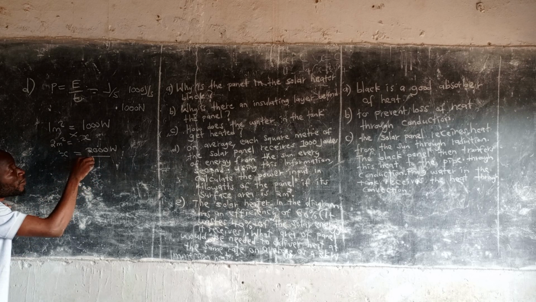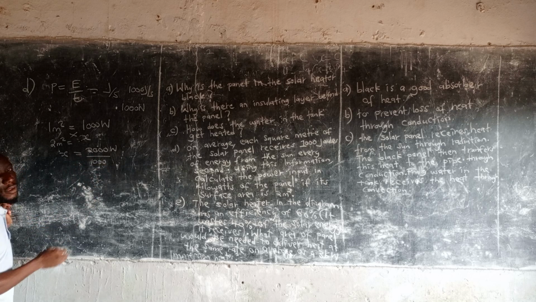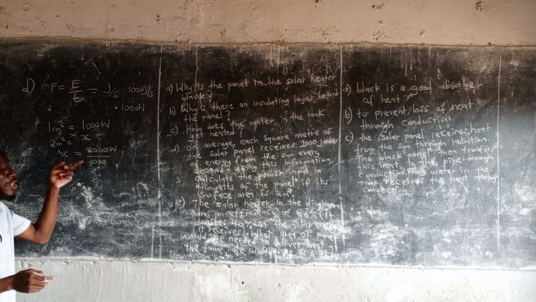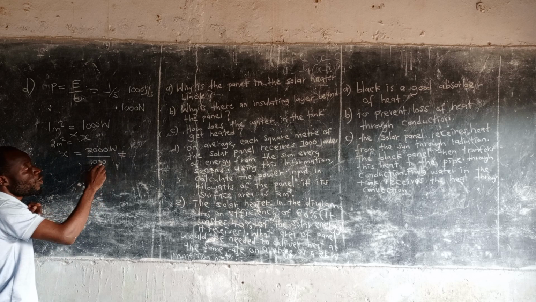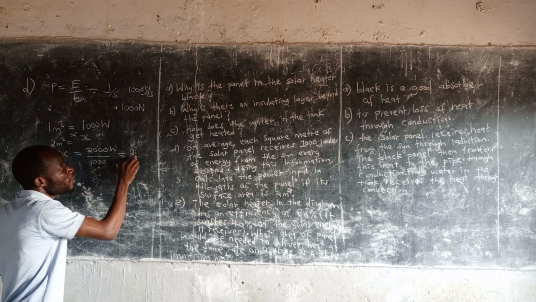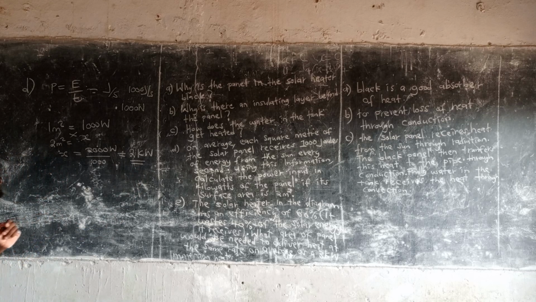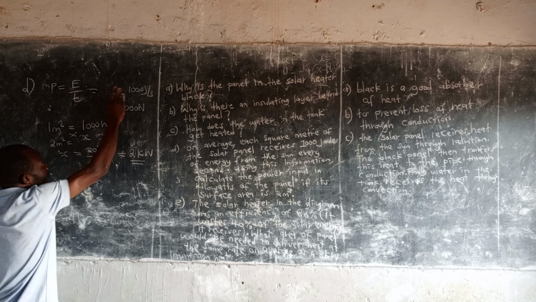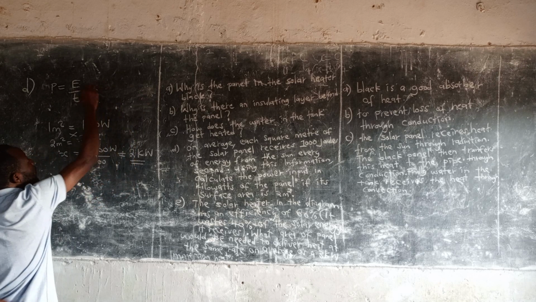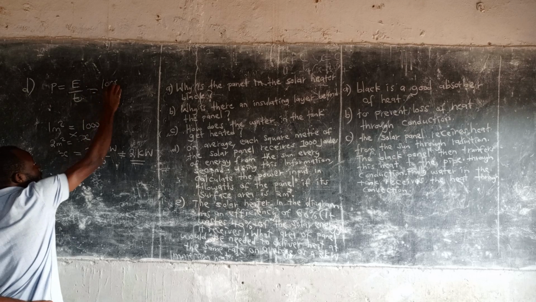Divide by? A kilo is 1,000. So you divide by 1,000. Now we are going to have 2,000 divided by 1,000, which is 2 kilowatts, right? That is the answer. You didn't need to use this formula. Energy, the 1,000 joules, energy received.